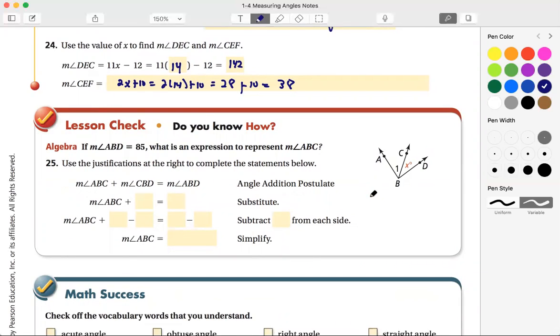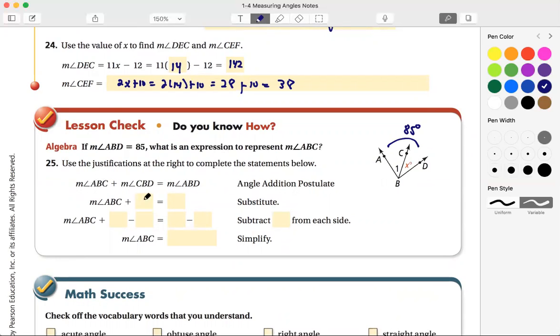Okay, so lesson check. If the measure of angle ABD in the figure is 85 degrees, so ABD is 85 degrees, the whole thing is 85 degrees. Write an expression that represents ABC. Okay, so measure of angle ABC plus CBD equals ABD, angle addition postulate. So let's substitute. What is CBD in my picture?